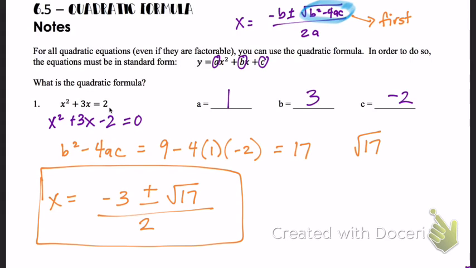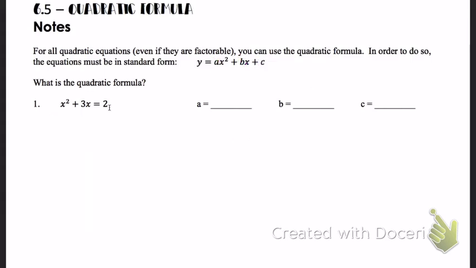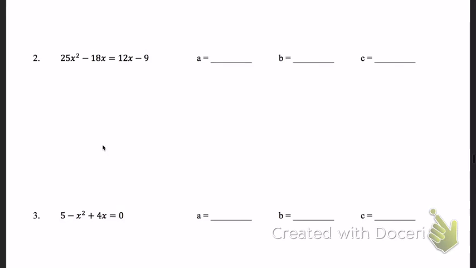Okay, let's try number 2. So I have 25x squared. I'm going to move these guys over. So minus 30x plus 9 equals 0.